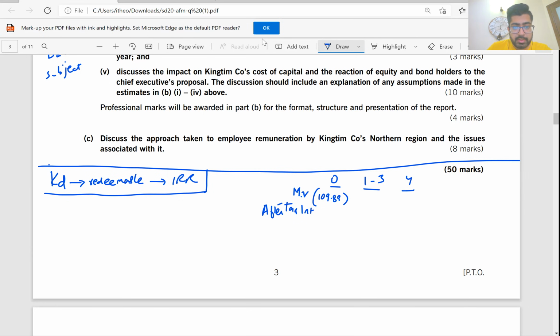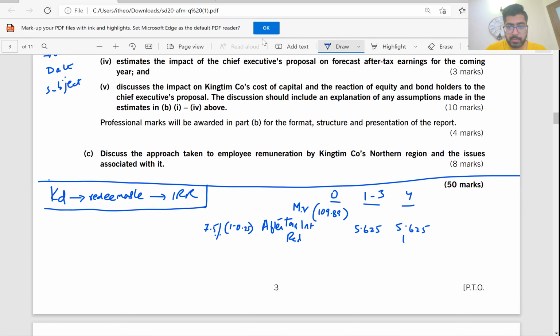So after tax interest is 7.5% times 1 minus 0.25, because the interest income is taxed: 7.5% of par, 7.5, and you pay tax on it. 5.625, he will receive as interest income. And then redemption. It's redeemed at 8% premium of par, 108. These are the 3 transactions which usually happen with a bond.